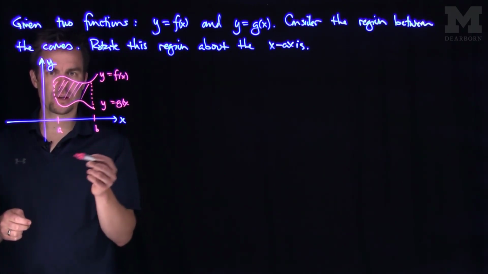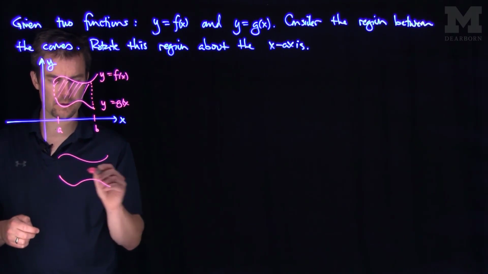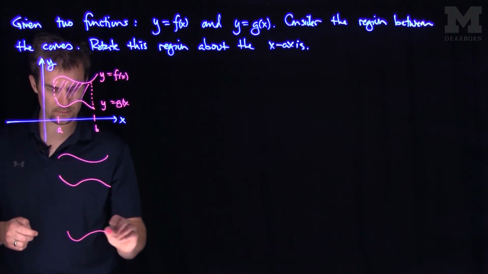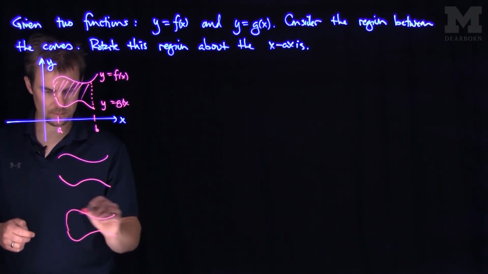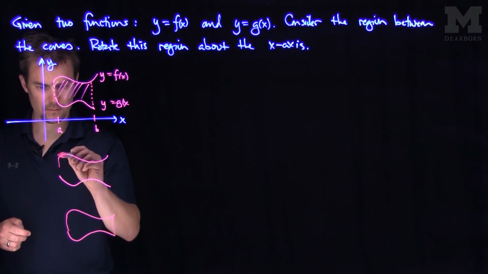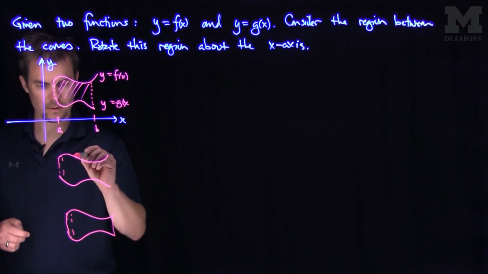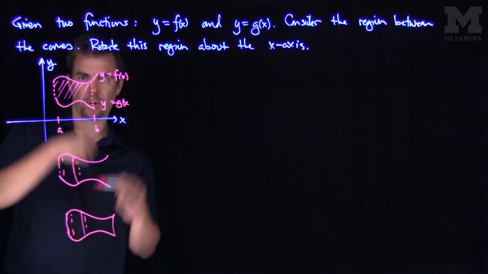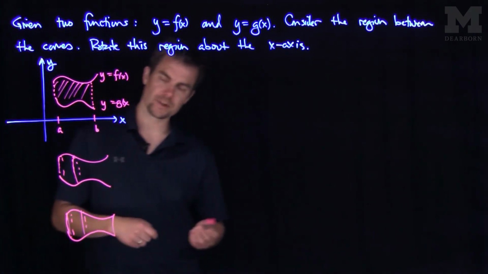So what this region will look like is you'll have a region up here, down over here, and then the mirror image down over here. So we'll have this, and this, this, and this. Both of those components are part of my region now. So we'll have this double-shaped volume to consider.